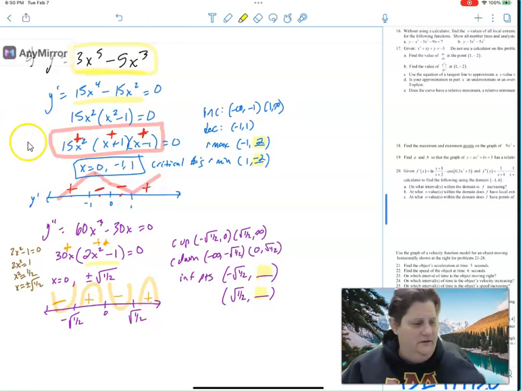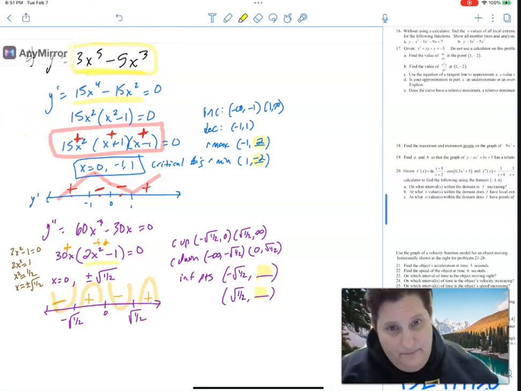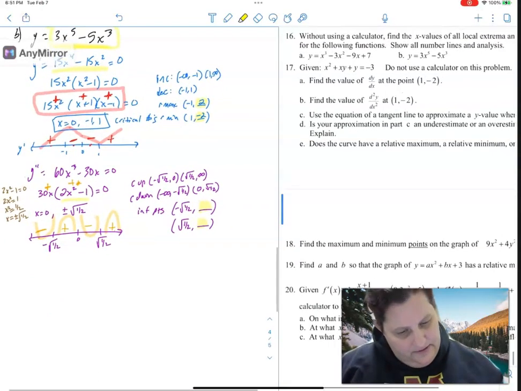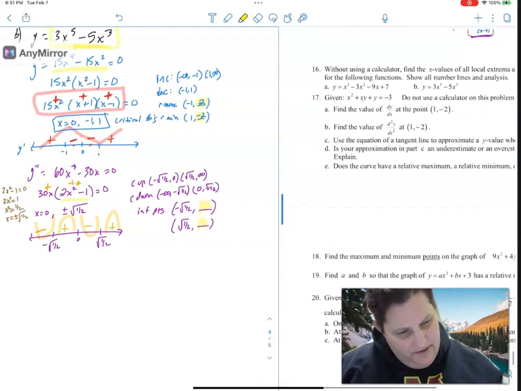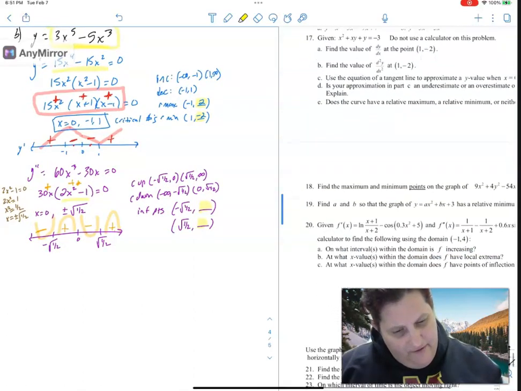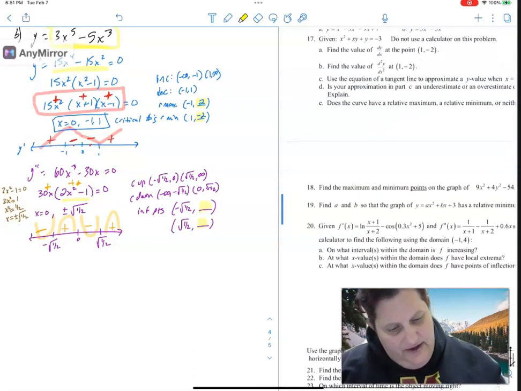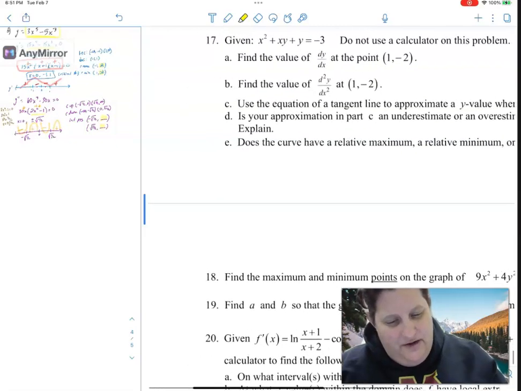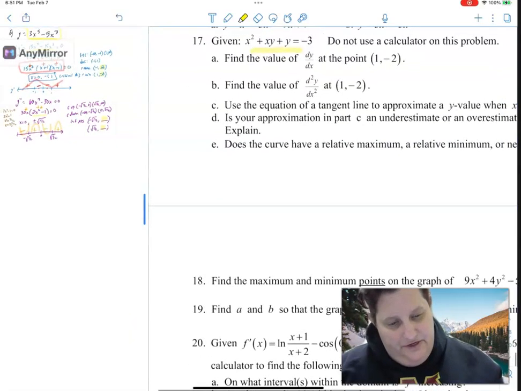All right, let's see here. Okay, for number 17, we're given this equation. Now, this is with x's and y's, you guys, so I'm going to have to use some implicit differentiation.